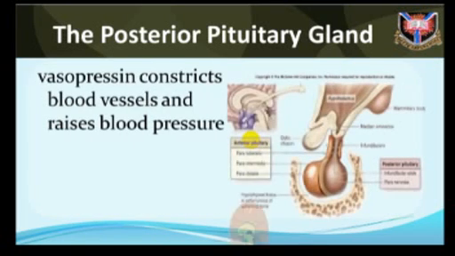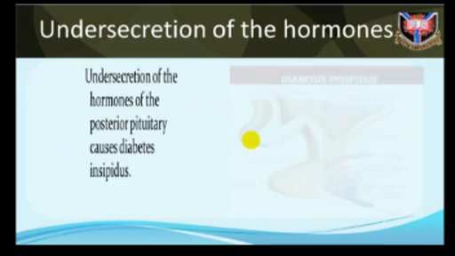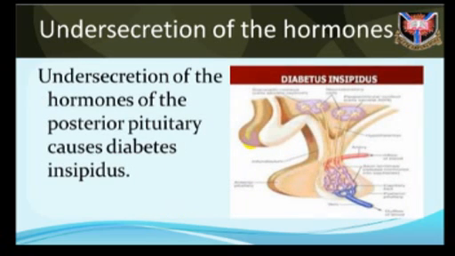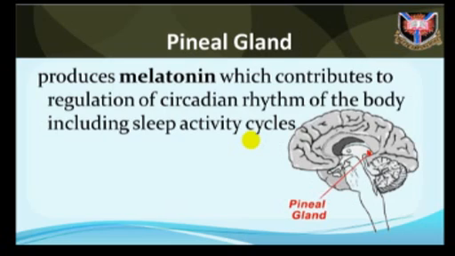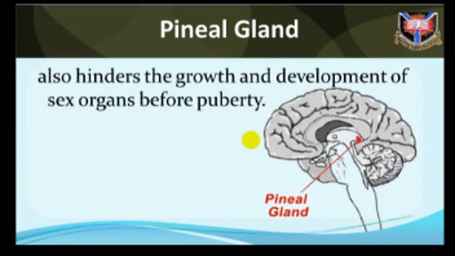Pineal gland. It produces melatonin, which contributes to regulation of the circadian rhythm of the body, including sleep activity cycles. It also hinders the growth and development of sex organs before puberty. Thyroid gland.